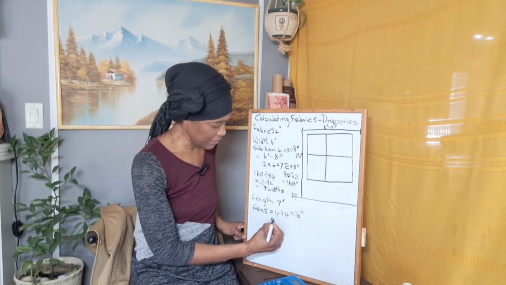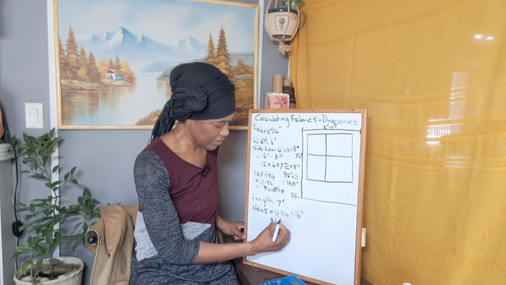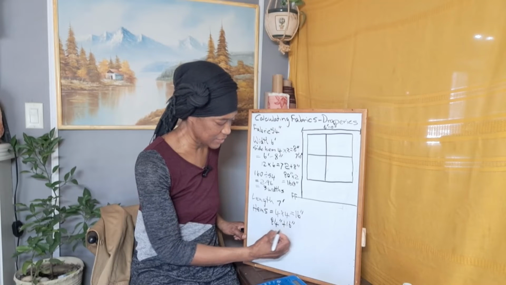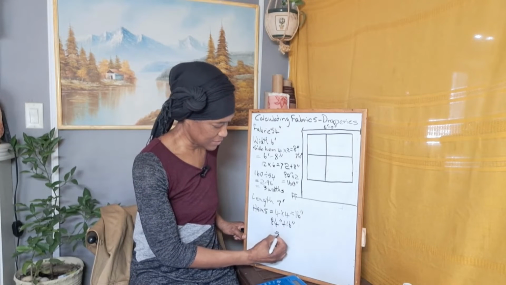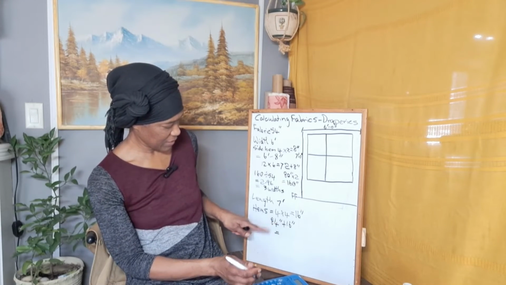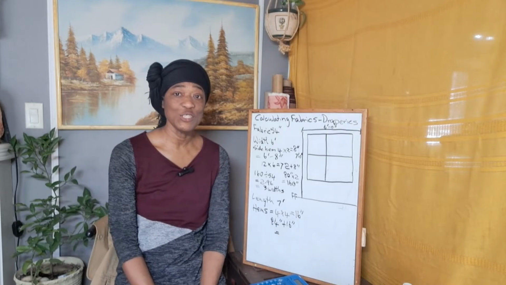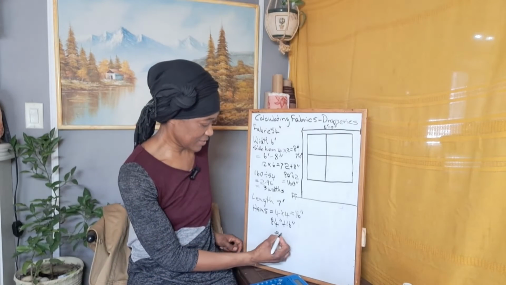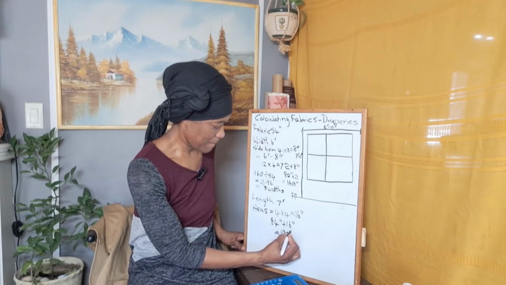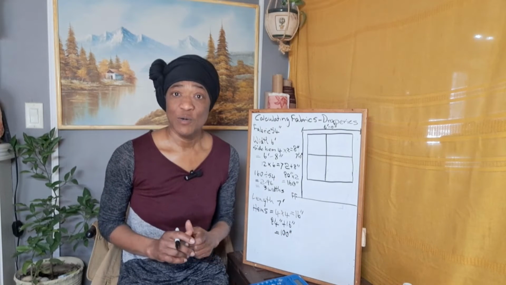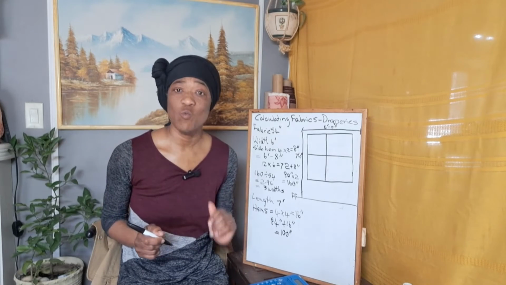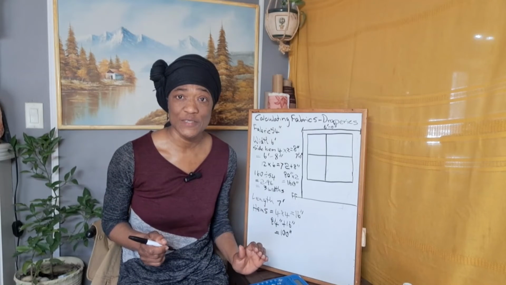So it's 84 inches plus 16 inches. And that's going to give us 100 inches. So our overall length is 100 inches.